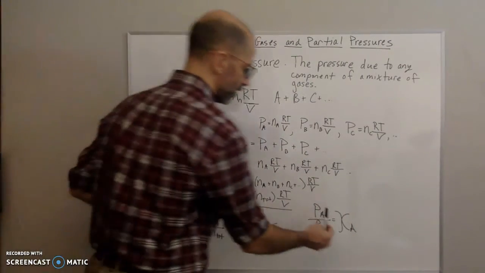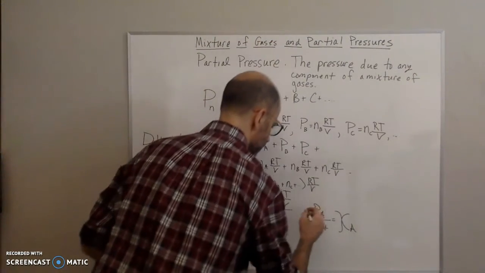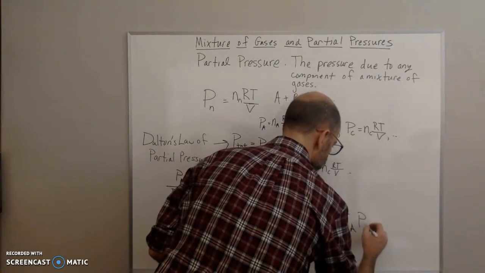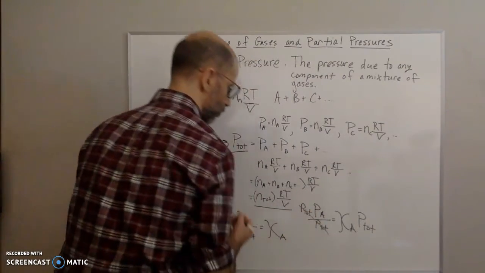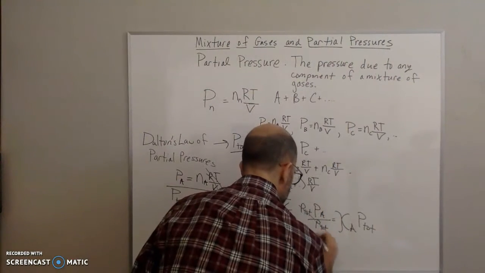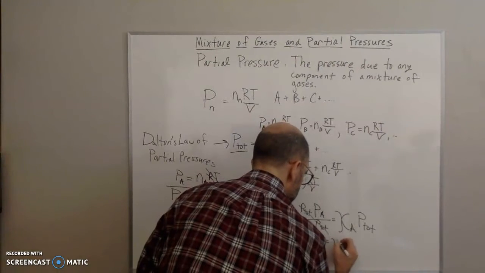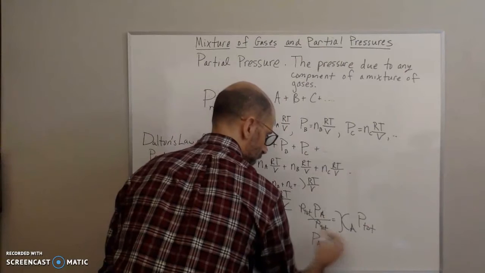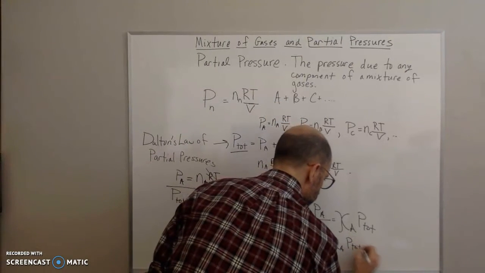And so now if we manipulate this a little bit, we multiply both sides by the total pressure. Multiply everything by the total pressure. So that's going to cancel out. So then what we get is the partial pressure of A is going to be equal to the mole fraction with regard to A, the number of moles of A divided by the total moles, times the total pressure.